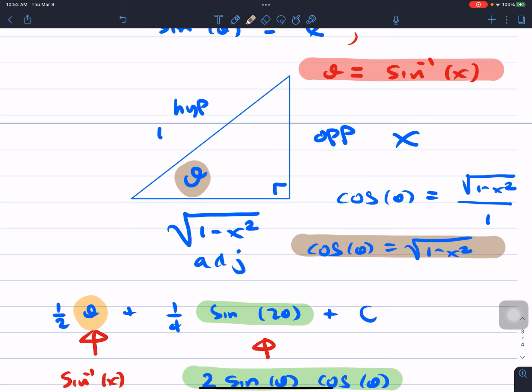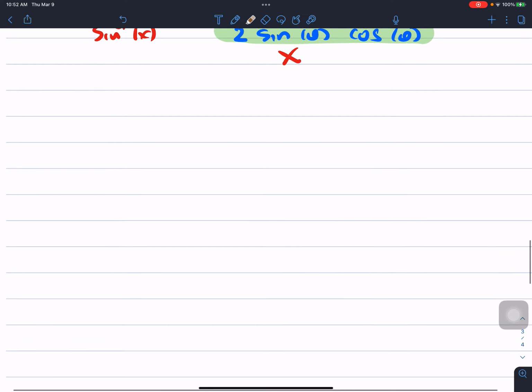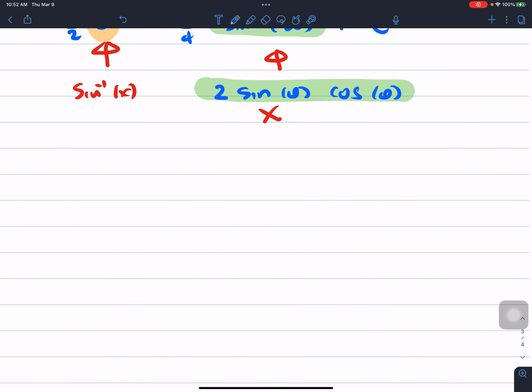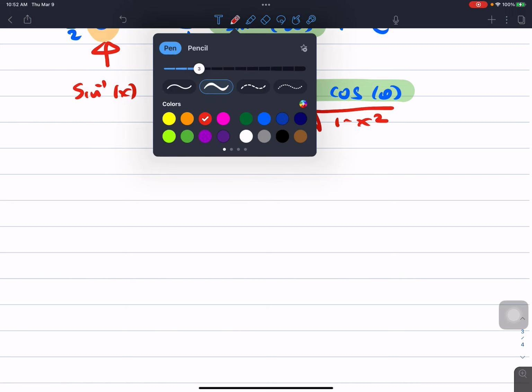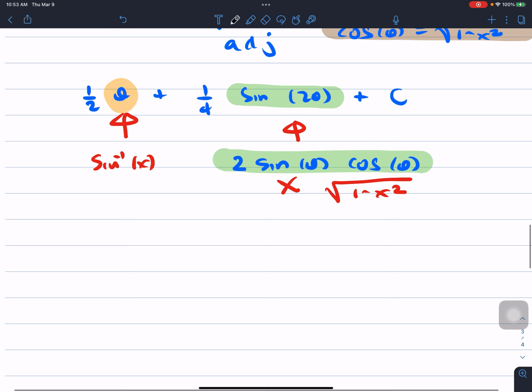I wish I had the applause button. So you're going to replace cosine theta with the square root of 1 minus x squared. So, ladies and gentlemen, what does this become?